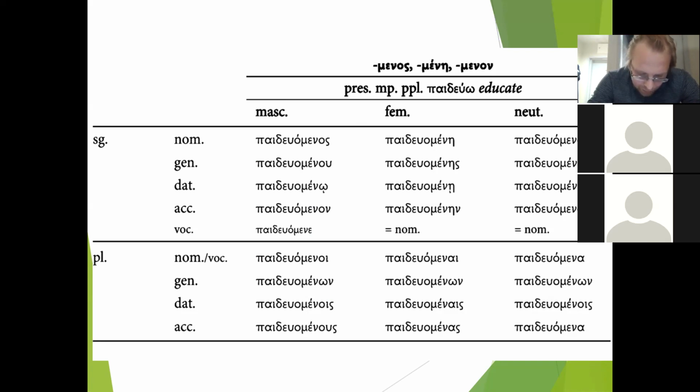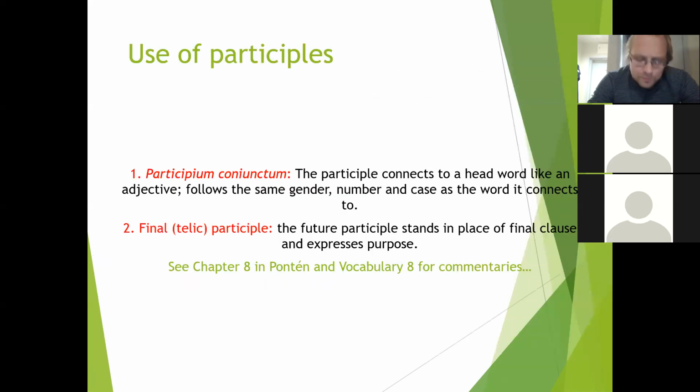Okay, but there's not much more in today's lecture, except that in the next chapter in the textbook, which is chapter 8, we will encounter two different uses of participles. These are the normal, so-called participium conjunctum, where the participle connects to a head word, like an adjective, that is by following the same gender, case, and number as the word it connects to.